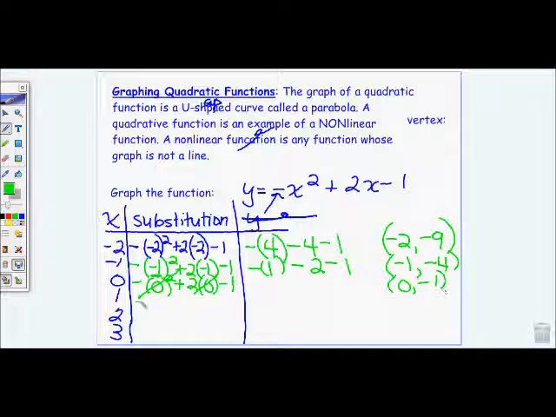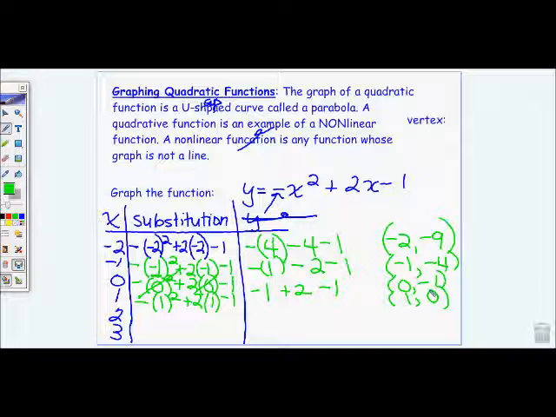We have a negative 1 squared plus 2 times 1 minus 1. 1 squared is 1. That should be a negative 1. 2 times 1 this time is going to be a positive 2 minus 1. So we have negative 1 and another negative 1 is negative 2 and a positive 2. That's going to be 0. So 1 results in 0.